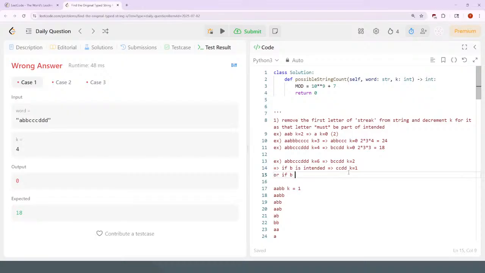Or if B is not intended, then you can say that that B is duplicate, and you go on to CCDD remaining with k equals 2.